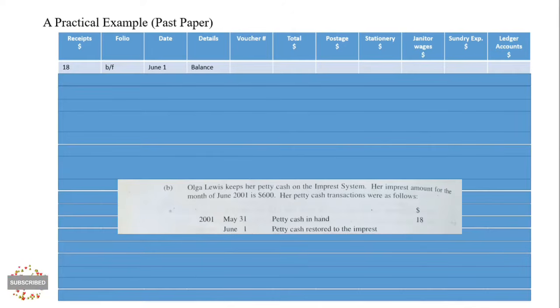All right, good. And then the next item says petty cash restored to the imprest. So they are asking us to restore the imprest amount. Remember, under the imprest system, we will pay the petty cashier the amount of money that was spent.